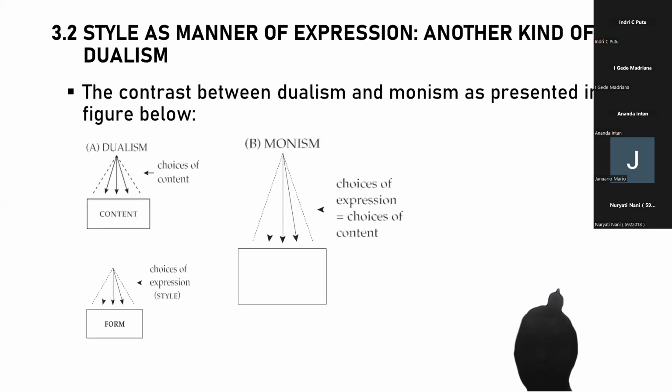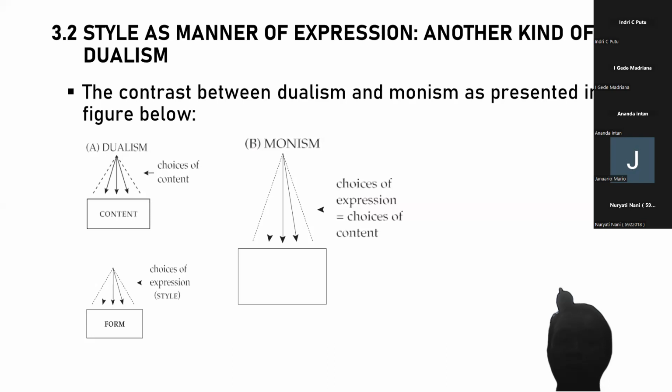Okay. Here we have the diagram or the figure about style as manner of expression, or specifically another kind of dualism. Like I said previously, there is the contrast between dualism and monism as presented in the figure below. So dualism is affected by the choices of content, or combined with the choices of content.